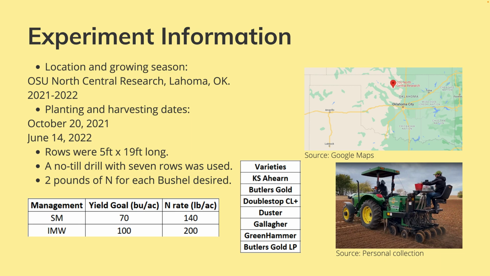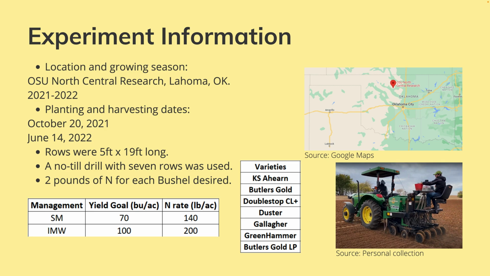The plots were 5 feet wide by 19 feet long. A no-till drill with 7 rows was used, and 2 pounds of nitrogen for each bushel required was calculated for the nitrogen rate. As we can see here, the yield goal for standard management was 70 bushels per acre, and for intensive, it was 100 bushels per acre.